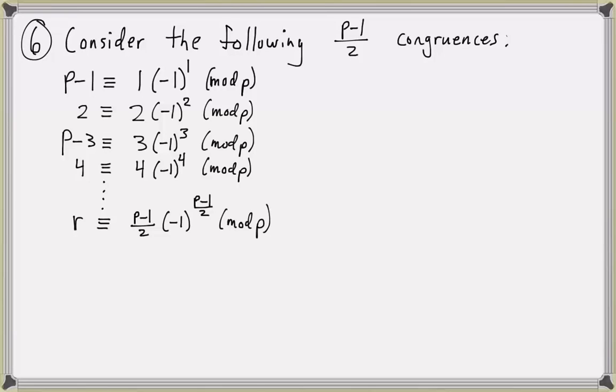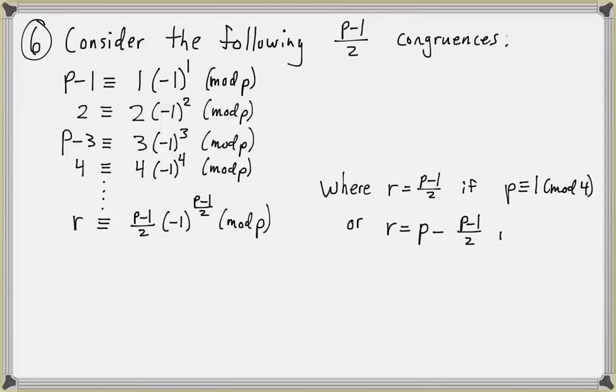And I'm not sure whether r is going to look like p minus an integer or an even integer. So r is going to equal (p minus 1)/2 if p is 1 mod 4, or r will be p minus (p minus 1)/2 if p is congruent to 3 mod 4.